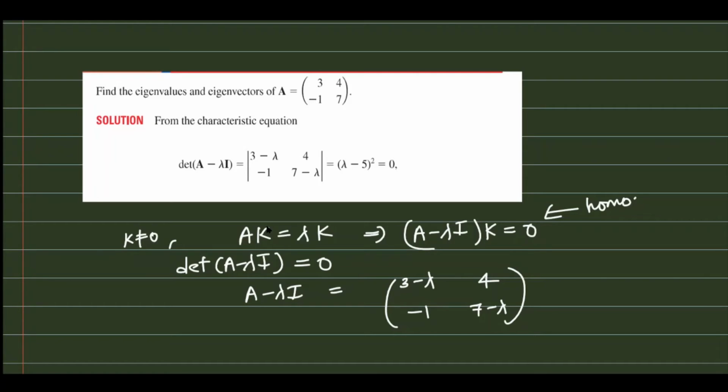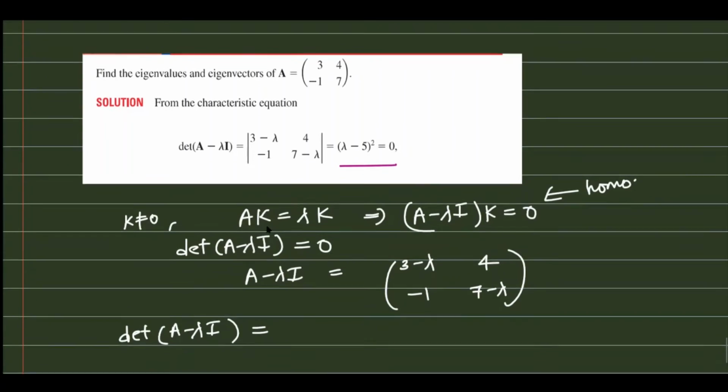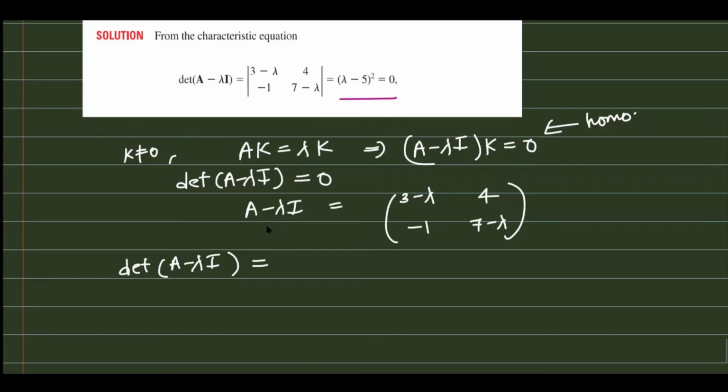First we have to find the characteristic equation, so we find the determinant of A minus lambda I. Expanding the determinant, we get (lambda minus 5) whole squared equal to 0. This is our characteristic equation.